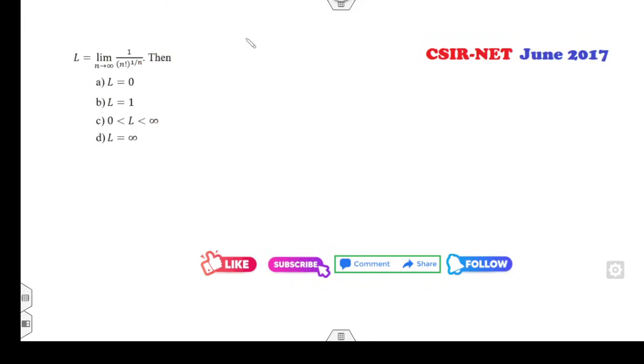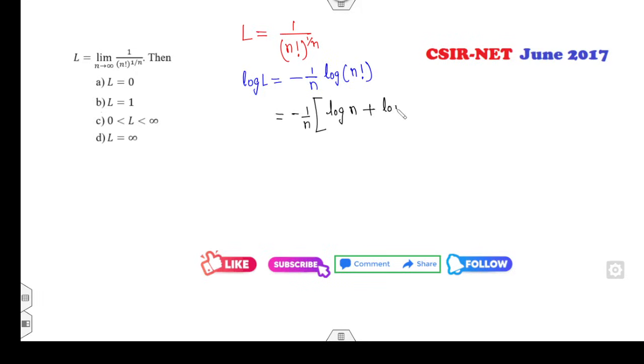Okay, look at that. L is 1 over n factorial raised to 1 over n. So you have to find the limit. Let's start with the log. Log 1 is 0 minus 1 over n log of n factorial. I can open the factorial. So that will be log of n plus log of n minus 1 plus, the last term, log of 1.